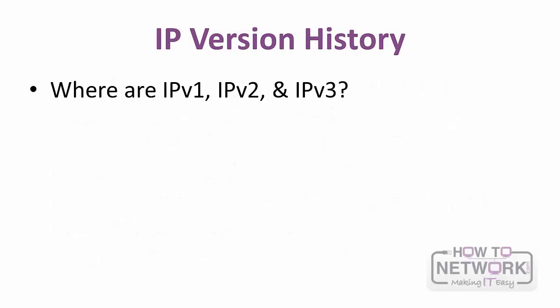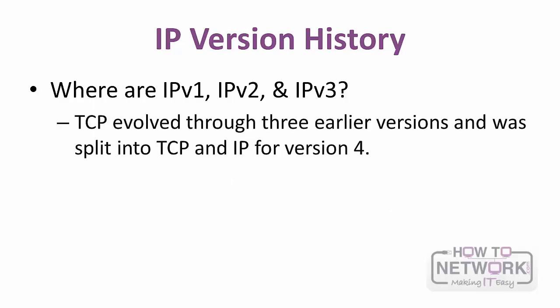When we are talking about IPv4 and IPv6, you might ask yourself, where are IPv1, v2, and v3? IP was created when its functions were split from an early version of TCP that combined both TCP and IP functions.